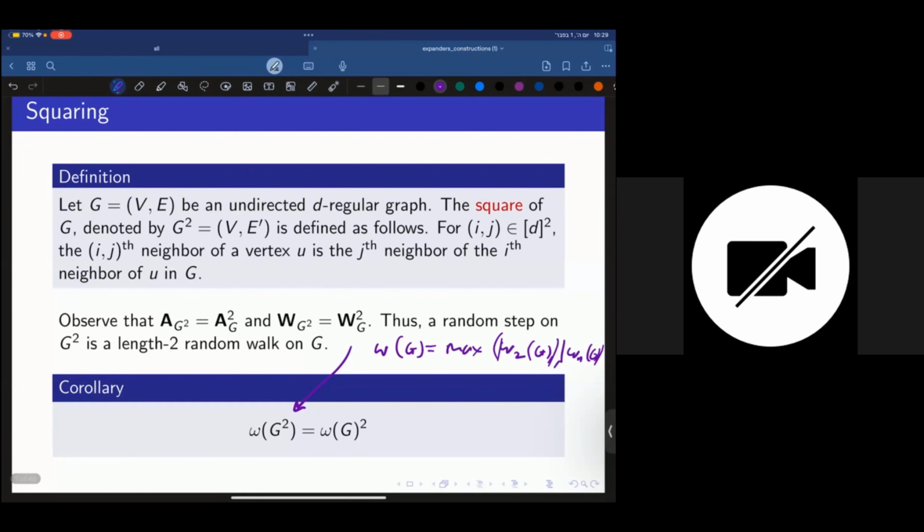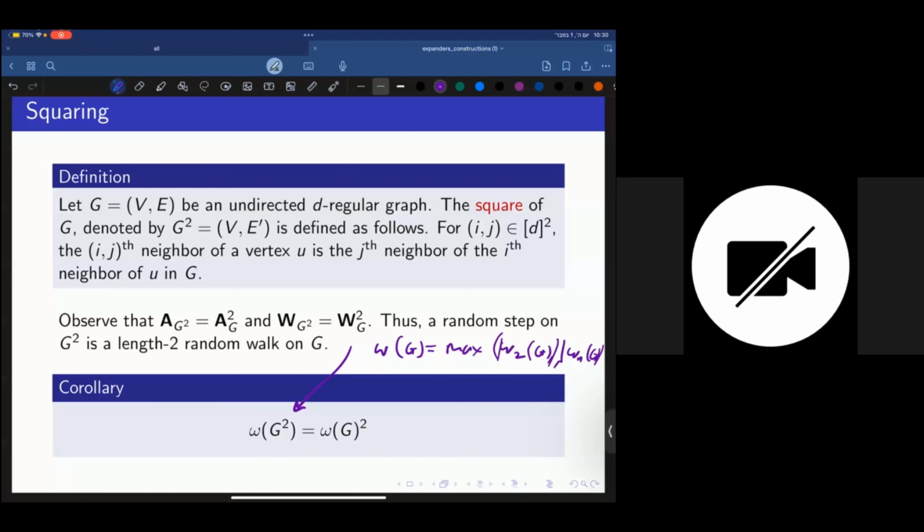Right, so omega 1 is 1. All the omegas, if you prefer the lambdas, are lambdas over d. So these are all normalized. Everything is between -1 and 1. So in absolute value, it's between 0 and 1. And you want omega to be small. That's what you want.